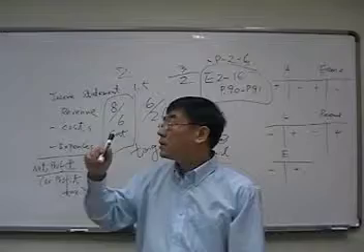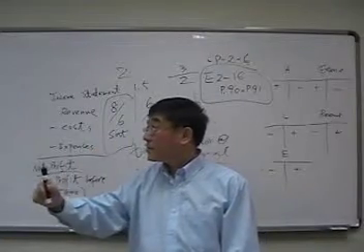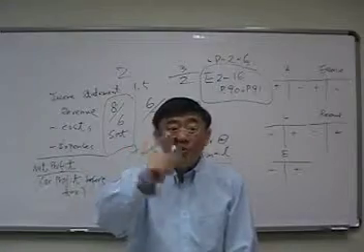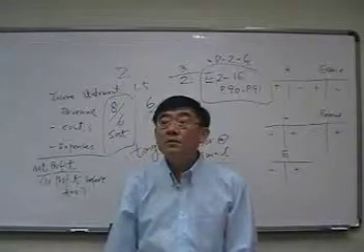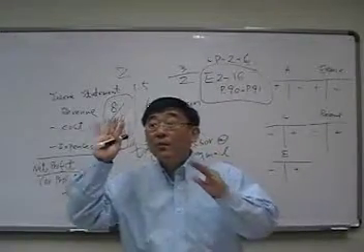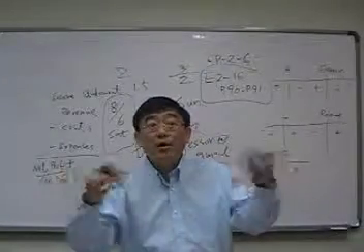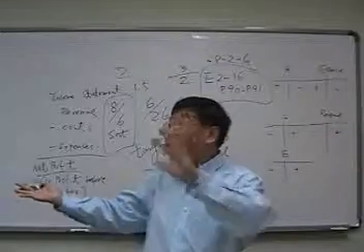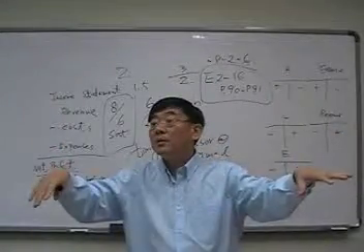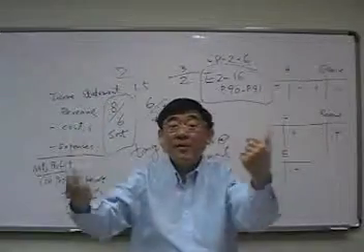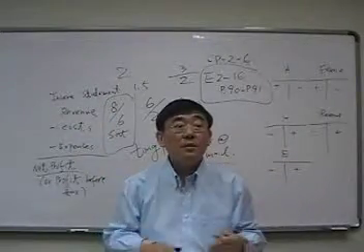Because the value of the assets changes almost every second. Imagine, you have sales almost every second. When you have a sale, you have a delivery. When you deliver something, your inventory drops and your accounts receivable go up, and probably every second you have a purchase, right?